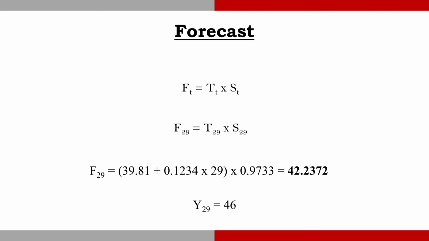I can calculate T29 using the trend equation, 39.81 plus 0.1234 times 29, and when I multiply with the corresponding seasonality index, which is 0.9733, the seasonality index for Sunday, I get the forecasted value for day 29, which is 42.23. The actual value is 46.